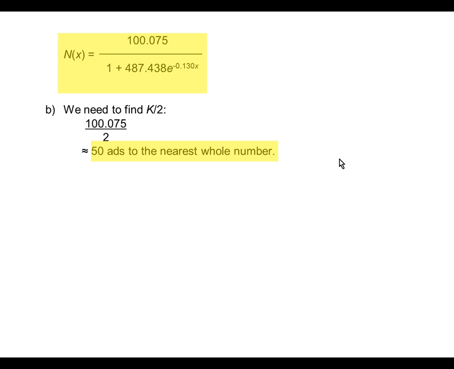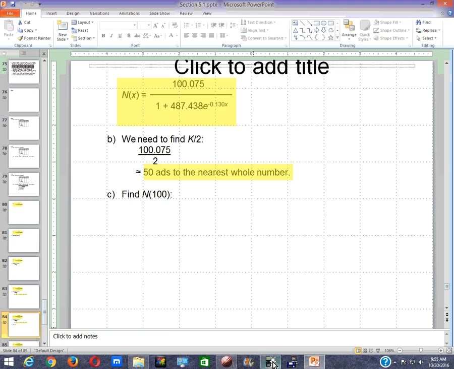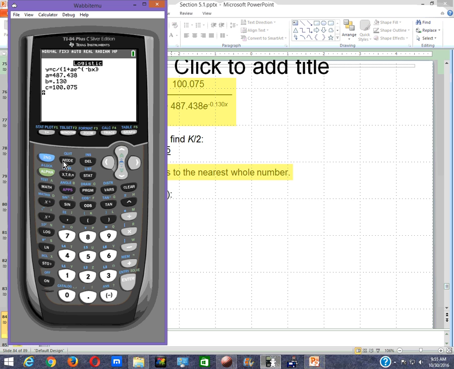Question C. You need to find N of 100, because we want the percentage when 100 ads are run. On the calculator: vars, y vars, function, Y1 of 100. What's this? 99.965.